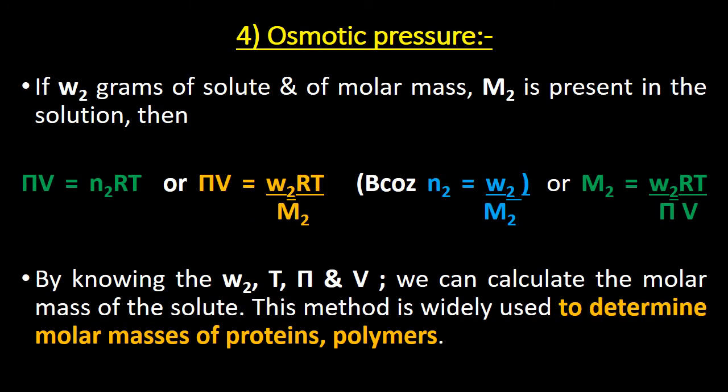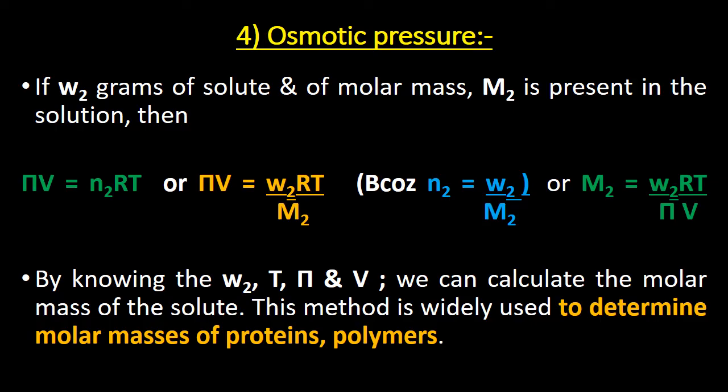If W2 gram of solute of molar mass M2 is present in the solution, then pi V is equal to N2 RT, or pi V is equal to W2 RT divided by M2, because N2 is equal to W2 divided by M2. N2 is the number of moles of solute, which is equal to mass by molar mass. That is, W2 is the mass of the solute, M2 is the molar mass of the solute.